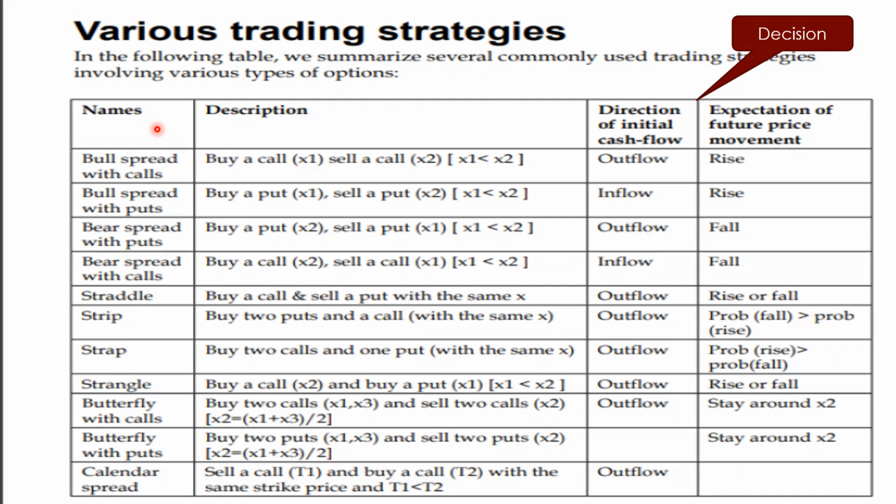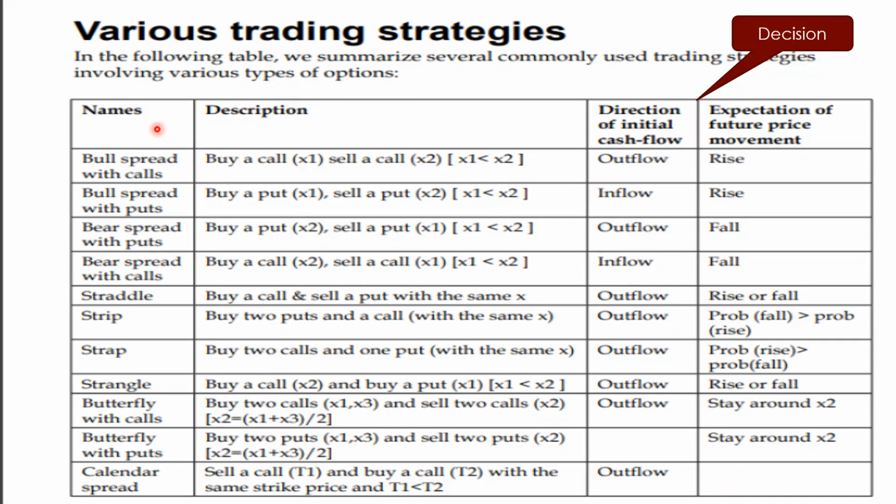We can go for the bull spread with call option usually when there is an outflow of the investment and if the prices are increasing. By that time, you can go for bull spread with calls. So how will the Python give the output?